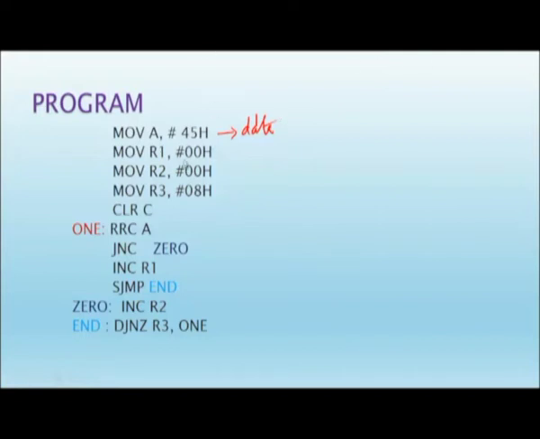Then I have initialized two counters, R1 and R2, for the number of ones and number of zeros. The third counter, R3, defines the number of bits. This will be considered a counter to stop the program. So, 3 counters I have initialized, then I will start the work.